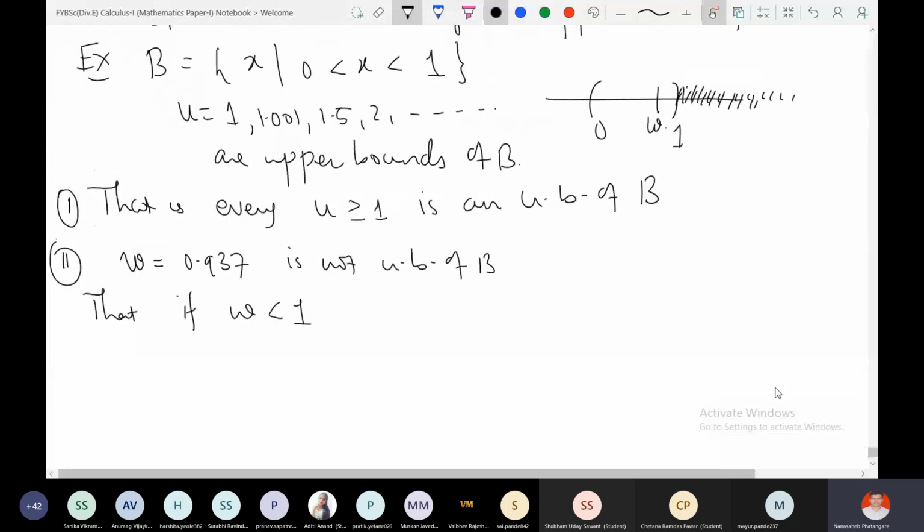Here it is 1 and here it is W. So W less than 1 means there is some gap between W and 1. That means 1 minus W is positive, right?